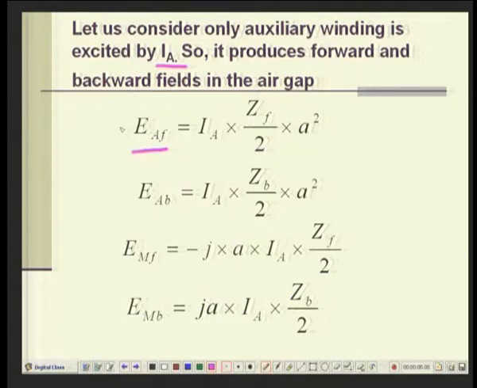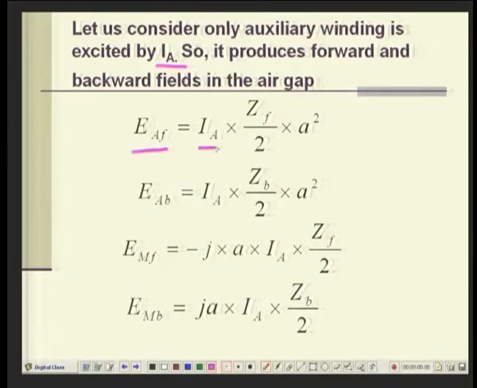IA will also produce two fields in the air gap, and one will be IA into ZF by 2, because the same ZF is referred to the main winding. All our parameters are referred to the main winding, the rotor and the auxiliary, to avoid confusion and so that it is easy to handle.